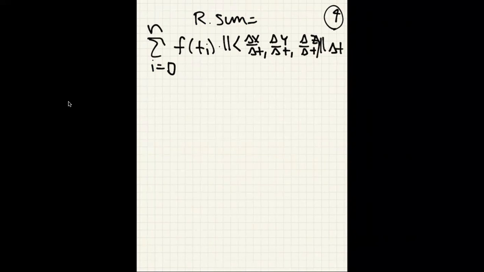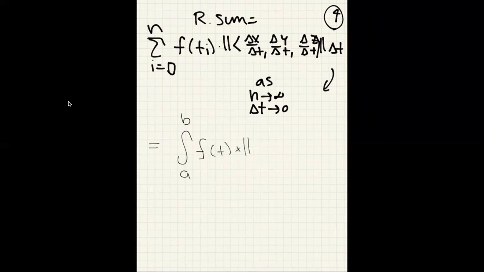And as n goes to infinity, our delta t goes to 0, this thing becomes the integral from a to b of f of t times the length of the derivative.